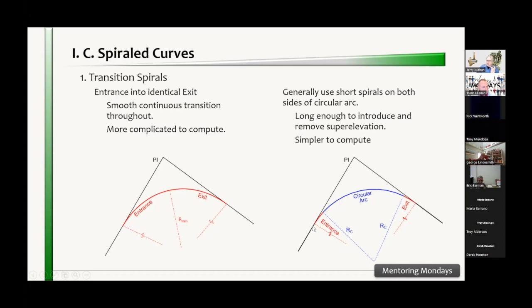So we'll transition into it, get our tighter steering wheel angle, maintain it all the way around, and then start bringing it back out again. As a result, our spirals are relatively short. And that's what allows us to use some approximations on them and get away with that.